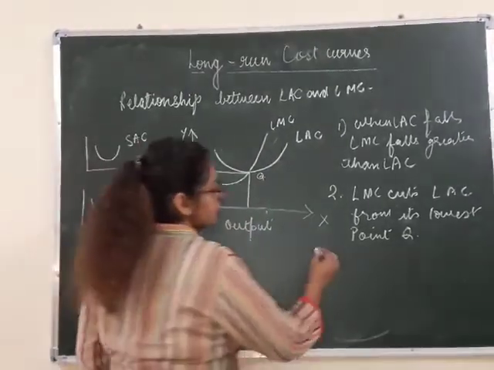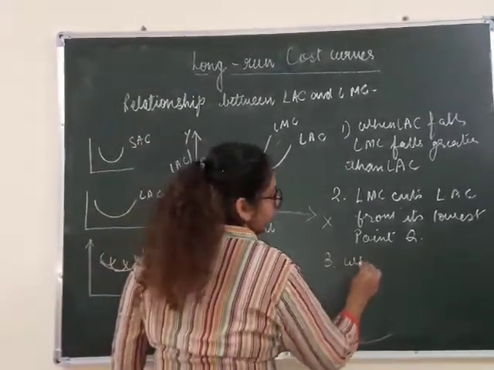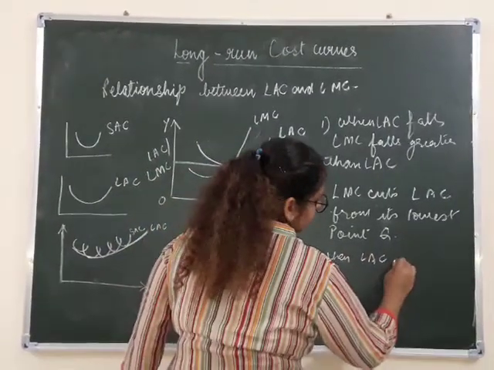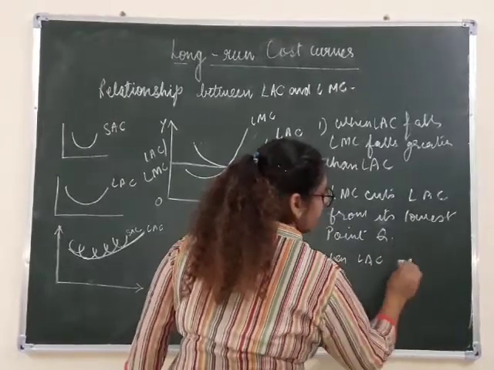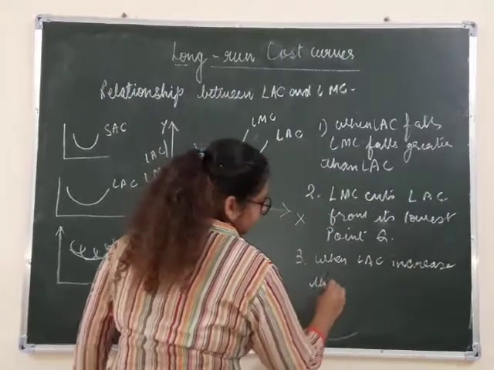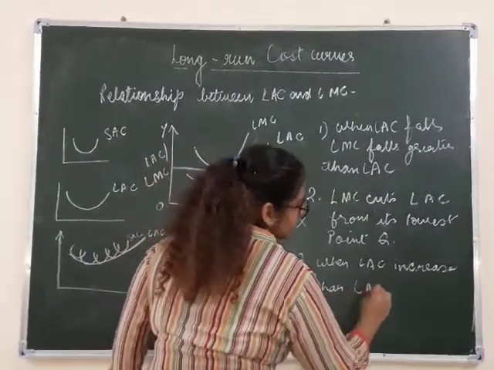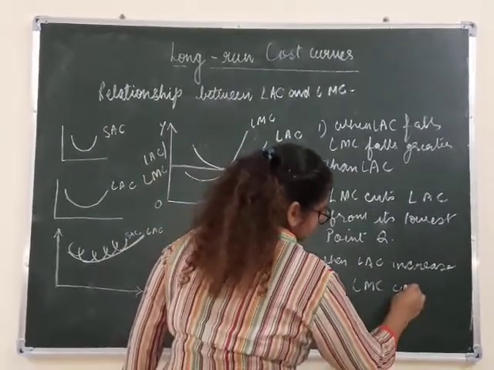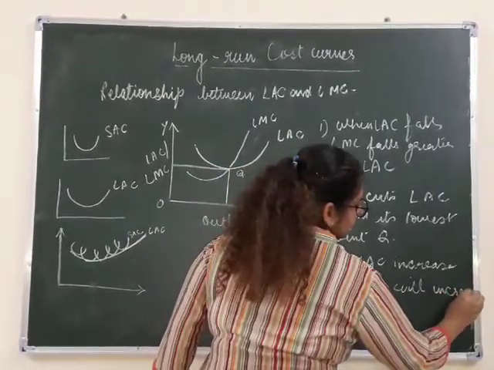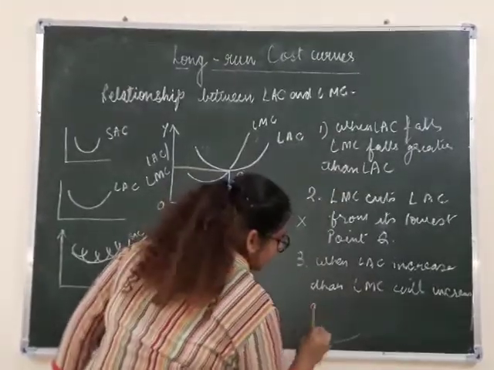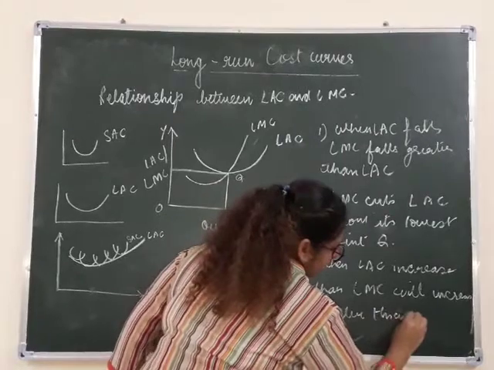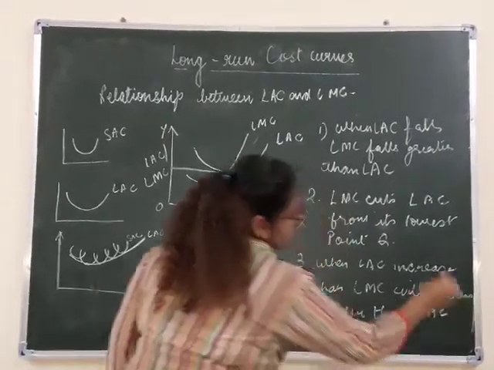And the third relationship is when the long run average cost curve increases, then the long run marginal cost curve will increase greater than long run average cost.